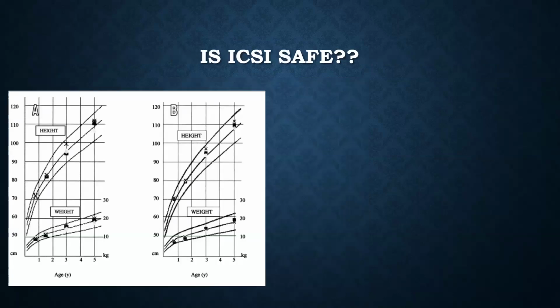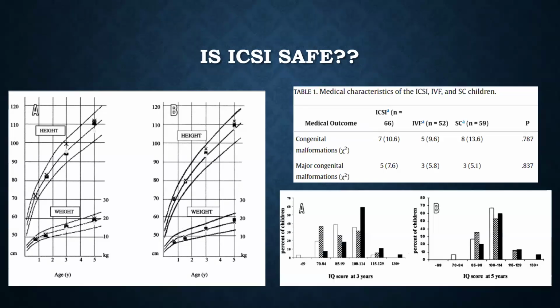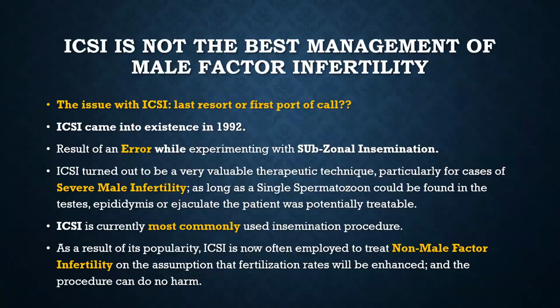So that's why this article talks about the safety of ICSI. Many studies have shown that although we are questioning ICSI safety, height, weight, and medical characteristics, congenital and major malformations have been non-significant when compared between IVF and ICSI.